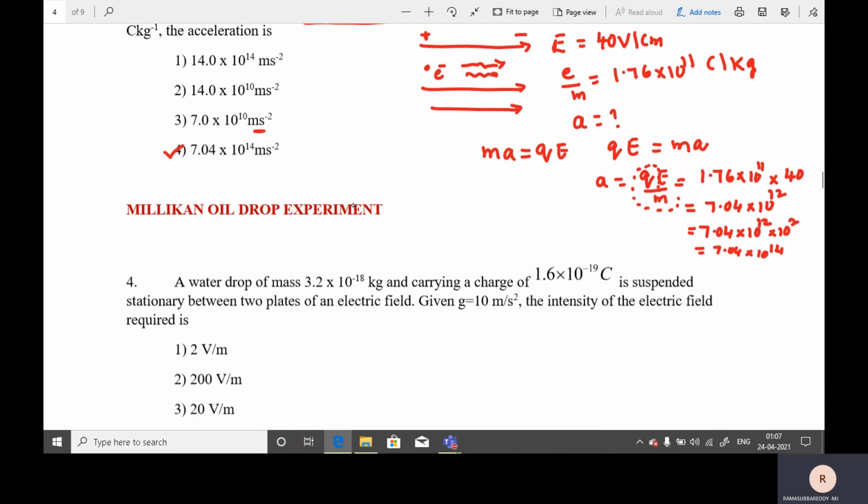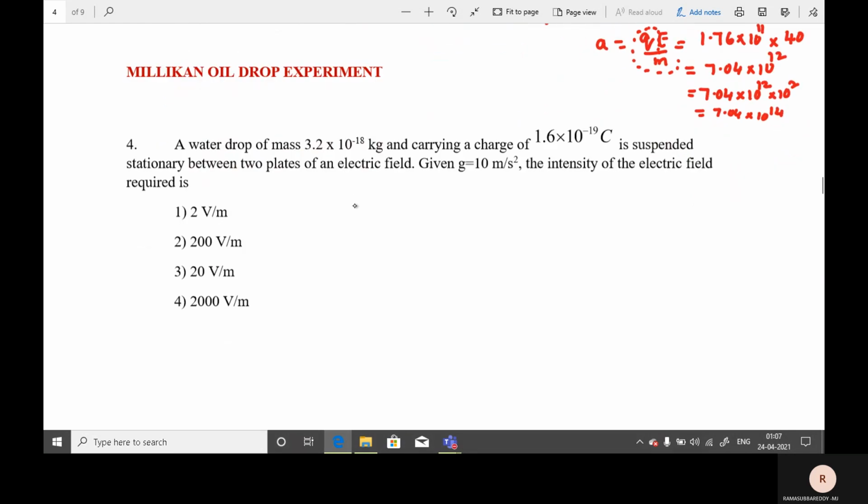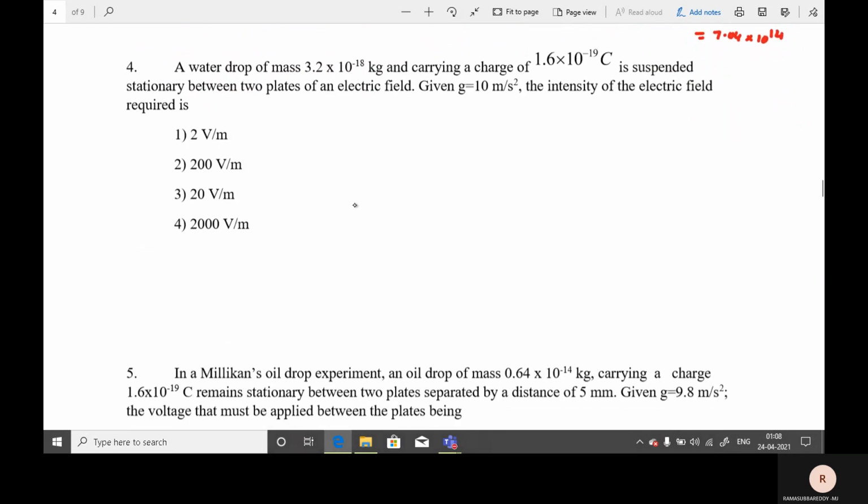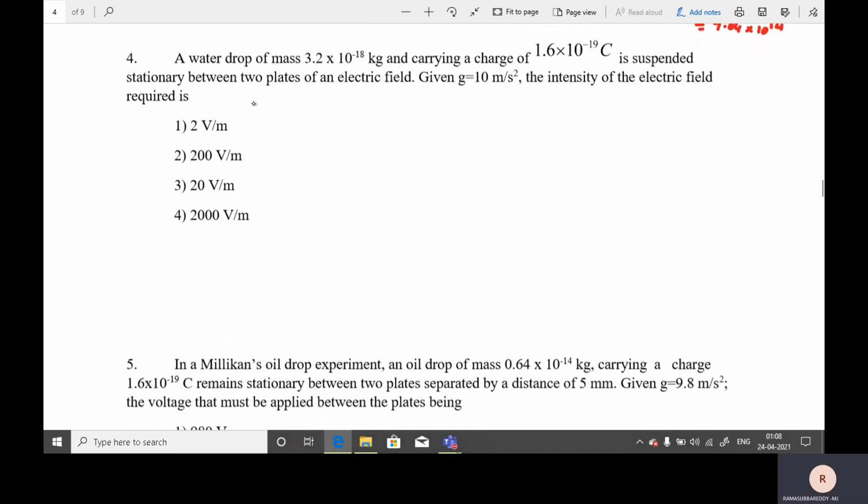fourth one. If a water drop of mass, let us consider this is our water drop, of mass given 3.2 into 10 to the power of minus 18 kg and carrying a charge 1.6 into 10 to the power of minus 19 coulomb is suspended.